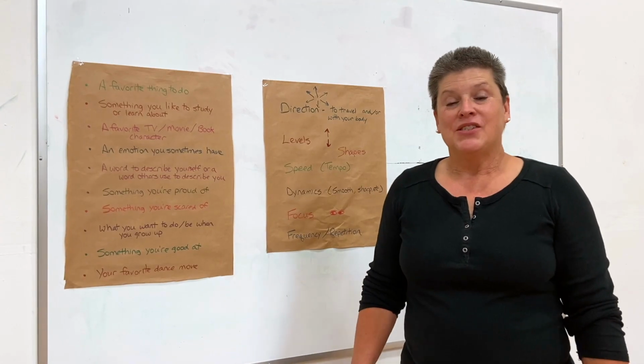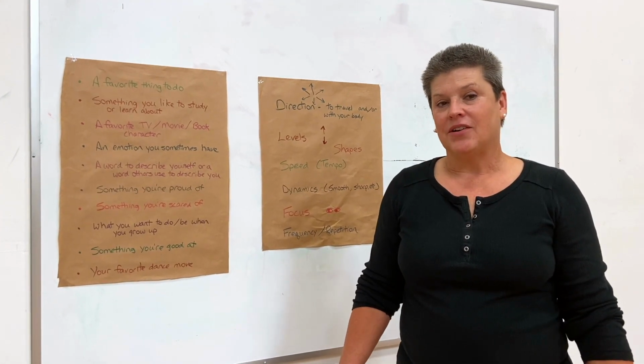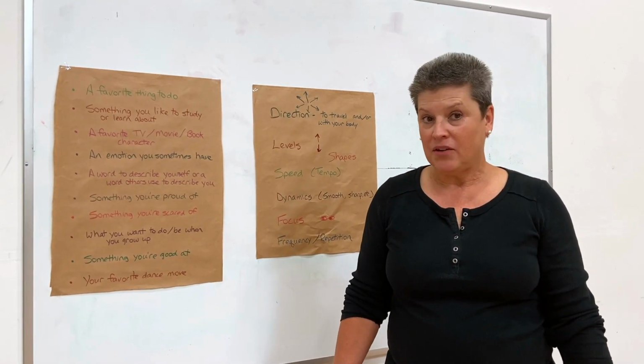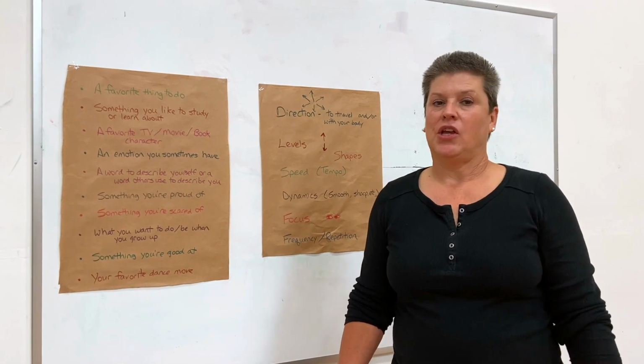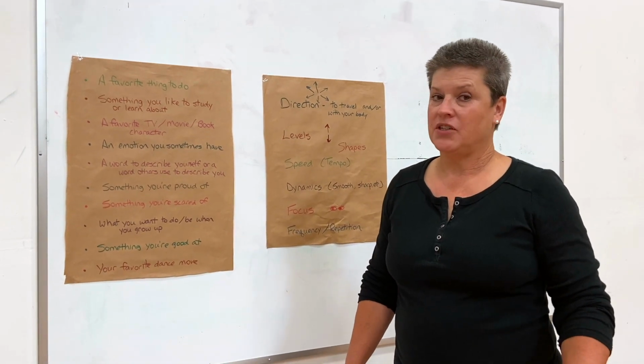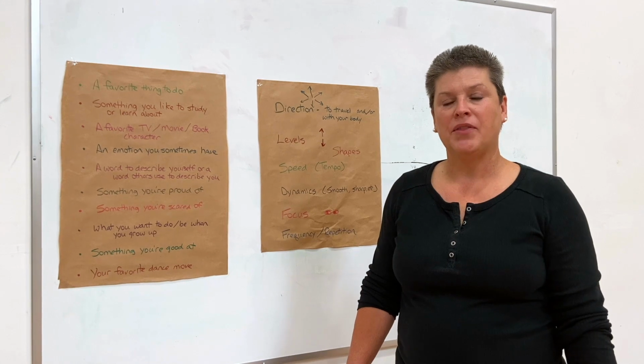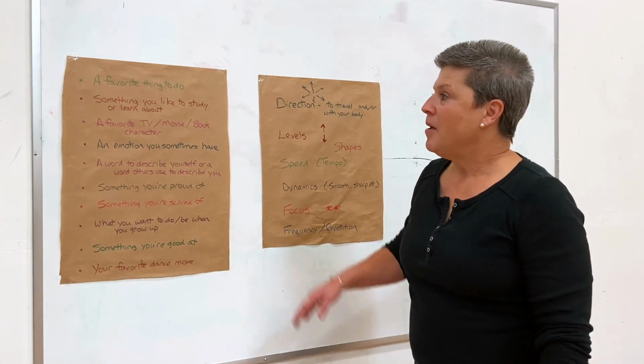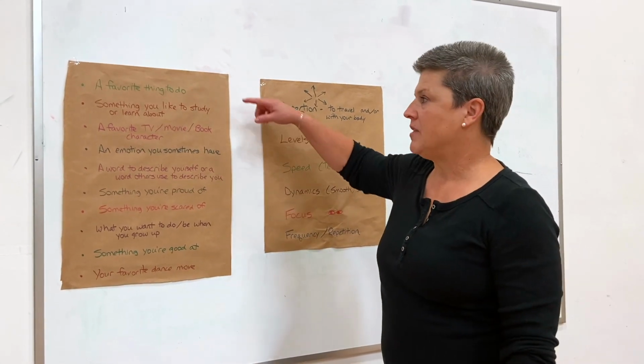All right, so to put together or create or invent a dance that is all about you, I have some suggestions for you. And these are just some ideas. You don't have to use these exactly. I'm sure you can come up with your own ideas just as well. But here's some things that might help you to think about that.